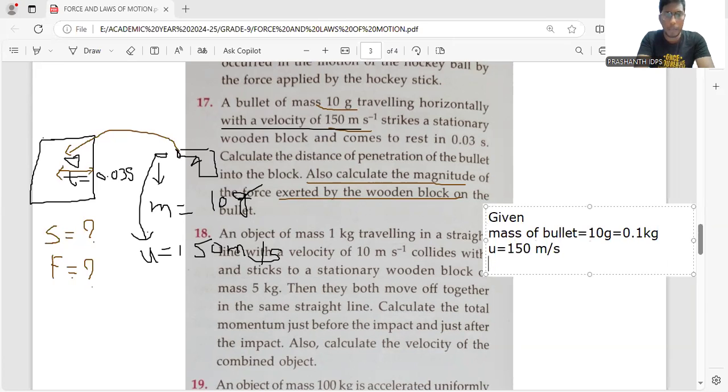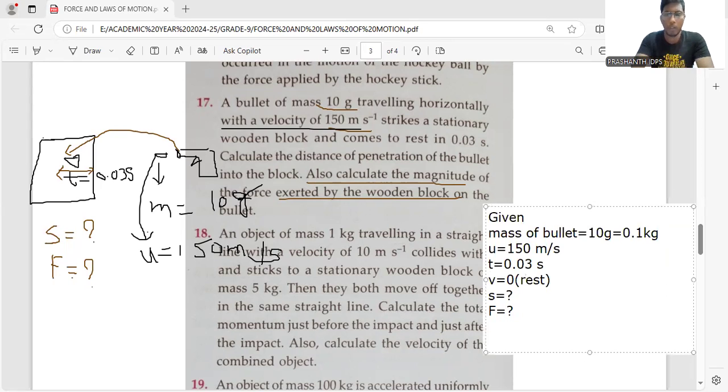Time t is equal to 0.03 second. It comes to rest, which means the final velocity will become zero. You can write rest in the bracket because the block came to rest. We need to calculate the distance, S is equal to question mark, and also force is equal to question mark.